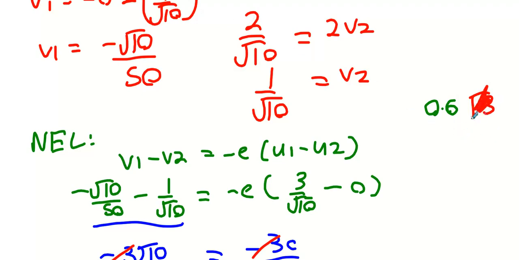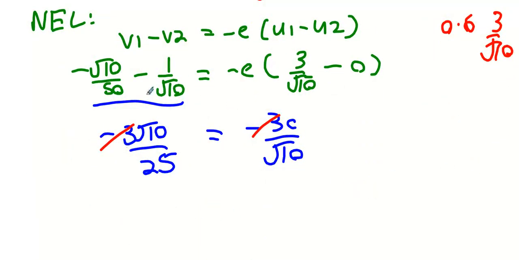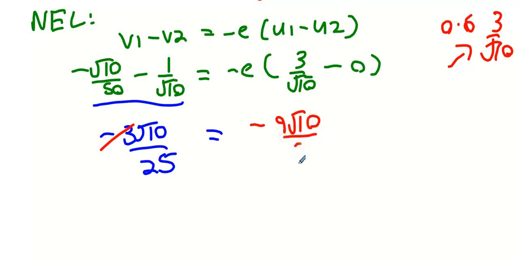What is 0.6 times 3 over root 10? 1.8 over root 10, or 9 root 10 over 50. So when you multiply that out, you get 9 root 10 over 50. That's what we'll work with now. So it's 9 root 10 all over 50.